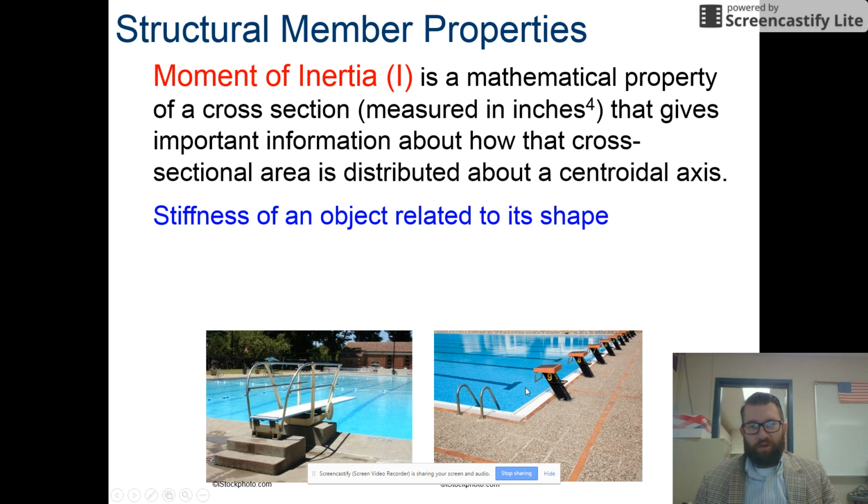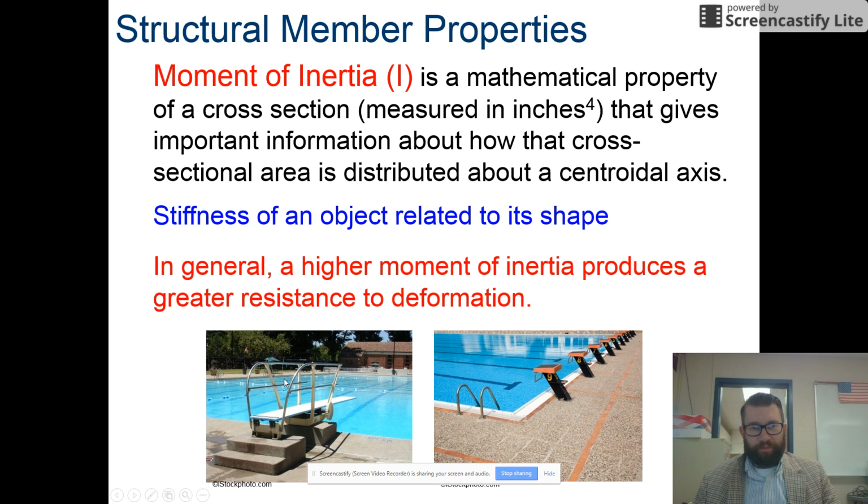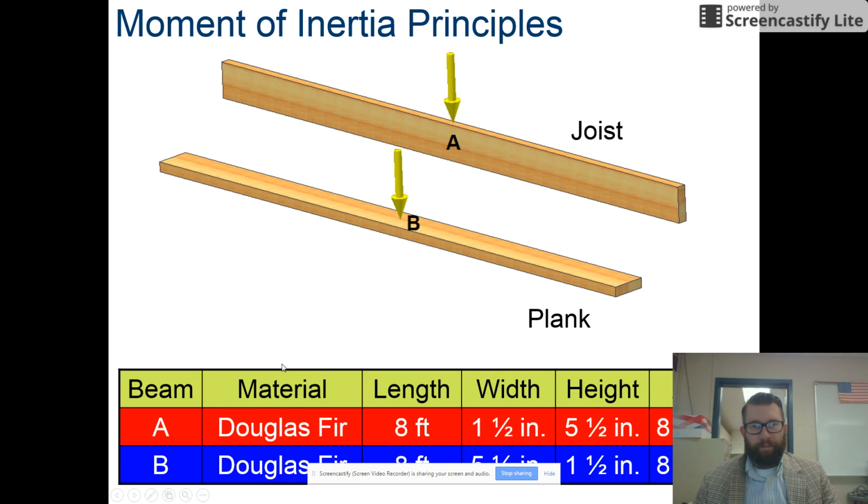So two different things going on here. This is going to flex a lot due to its shape, and the platform is not going to flex very much. So the platform has a higher moment of inertia than the diving board. It says, in general, higher moment of inertia produces greater resistance to deformation.